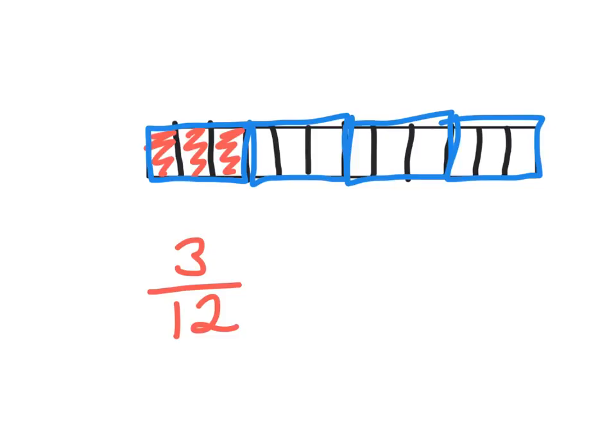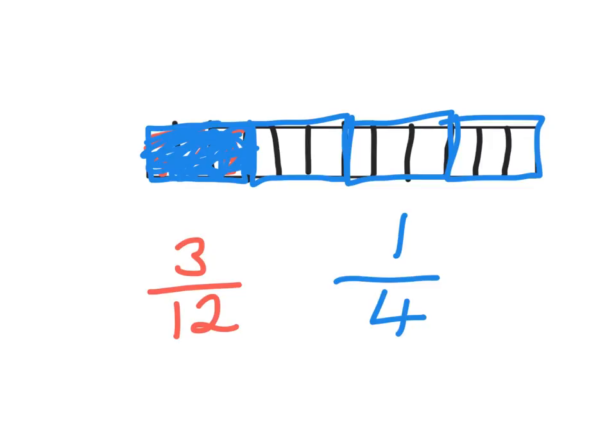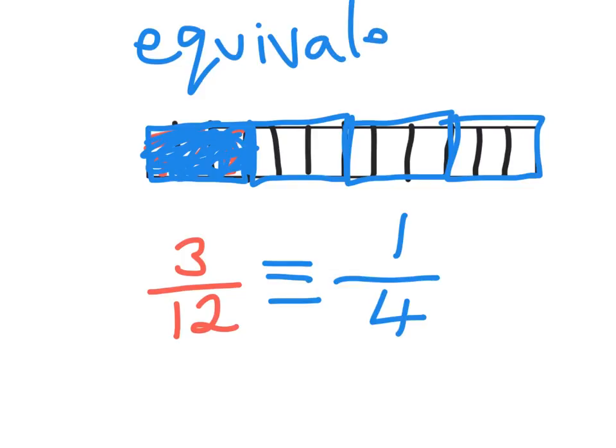So here, what I've got now, rather than 12 pieces, is I've got 4 pieces, and 1 of these 4 pieces is shaded, and that's 1/4. So these are also equivalent fractions. This time though, instead of multiplying, I've divided by 3.